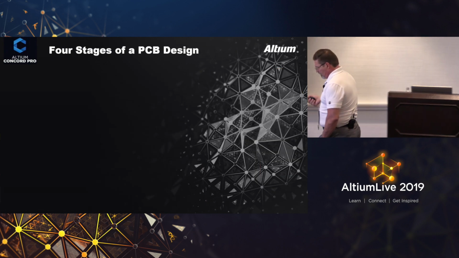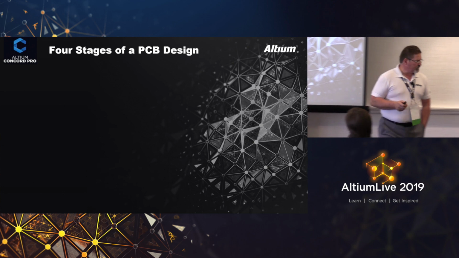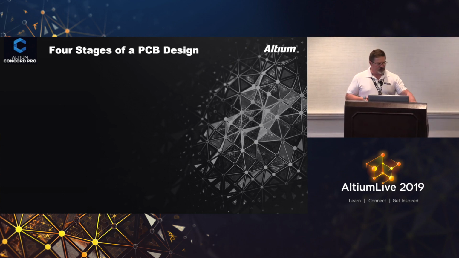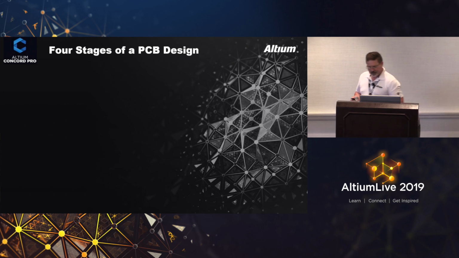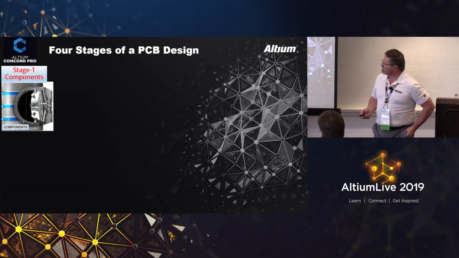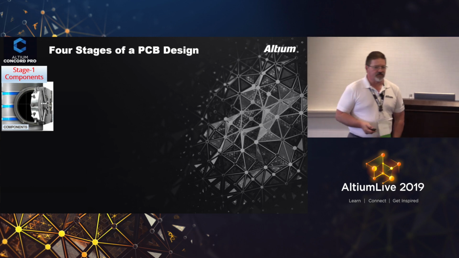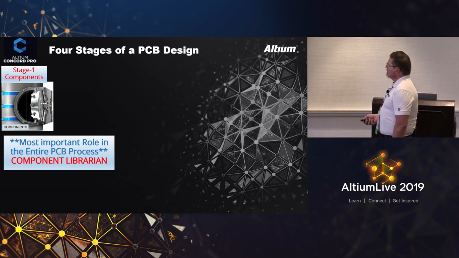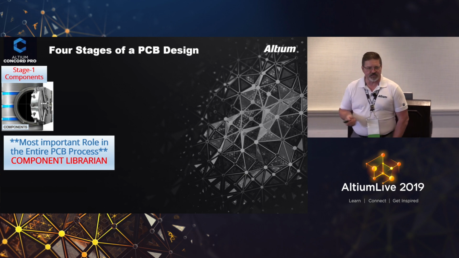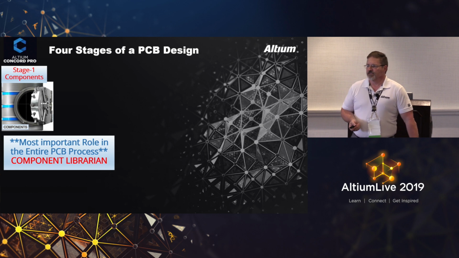So as we saw in our project module earlier, there were actually 4 stages of our project, and everything starts with stage 1, that component library. That's probably the most important role in this entire PCB process: your librarian.